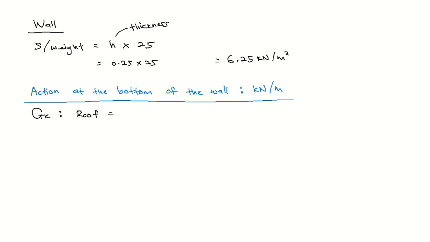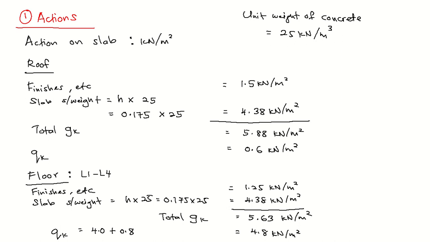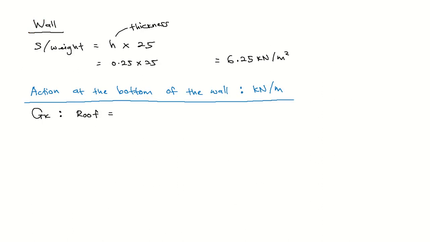It means that here the GK from the roof, this is roof, the GK from the roof 5.88 kilonewton per meter square times 6/2.